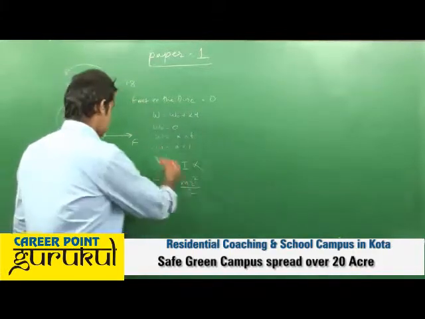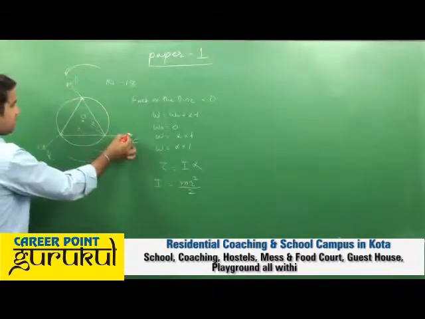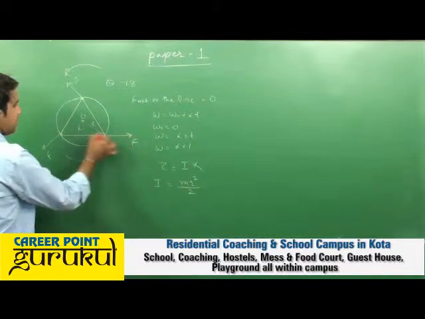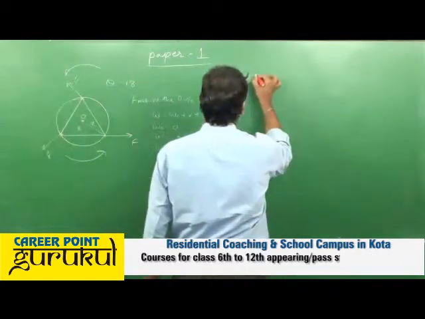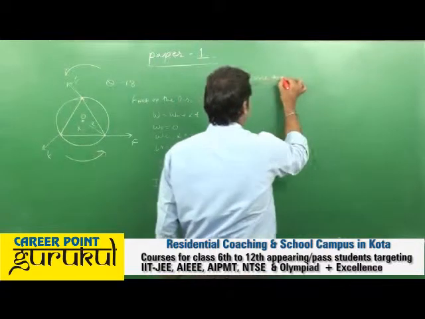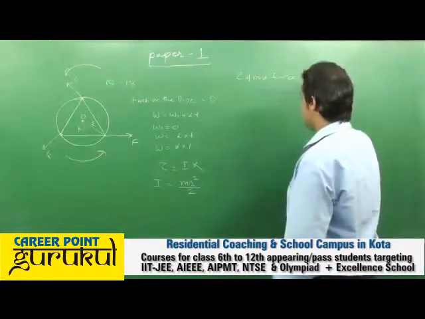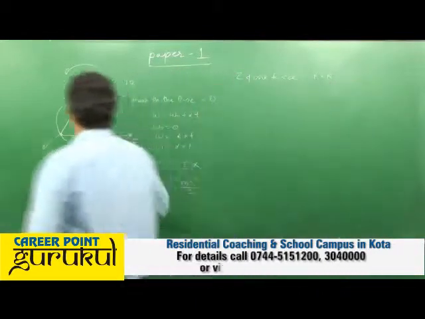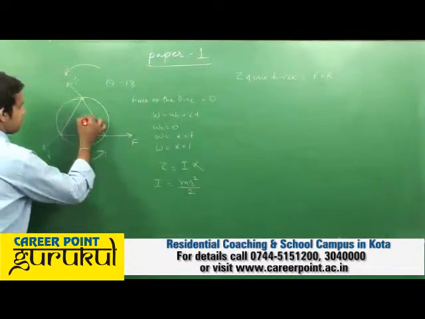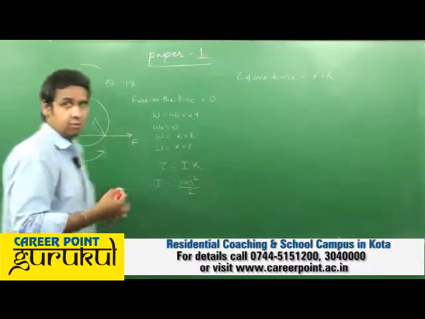How will you calculate torque? That is also the issue. Torque by one force is nothing but F into capital R. But we have three forces, and all the forces are producing the same torque in the same sense of rotation.